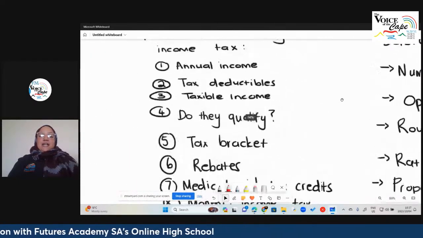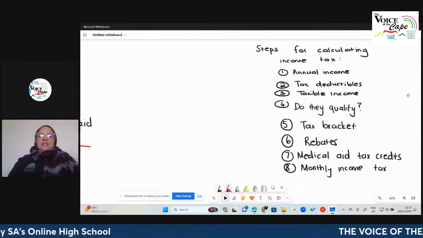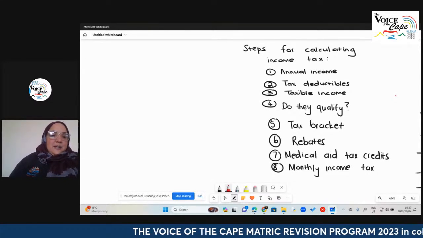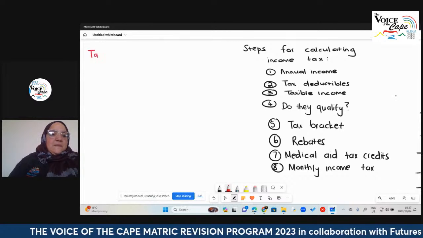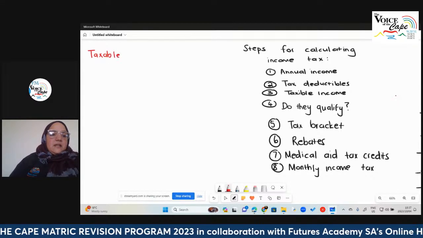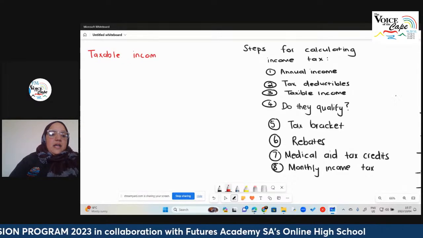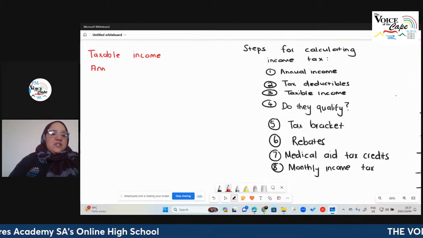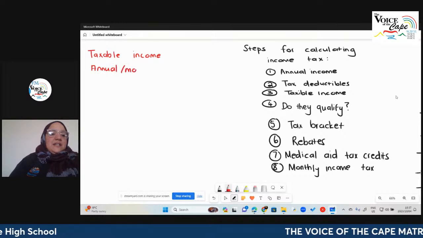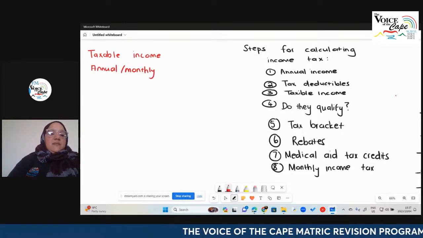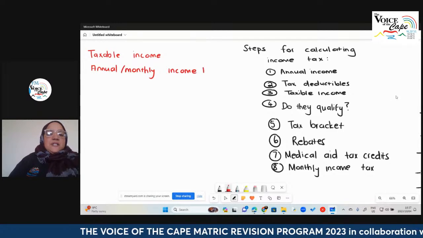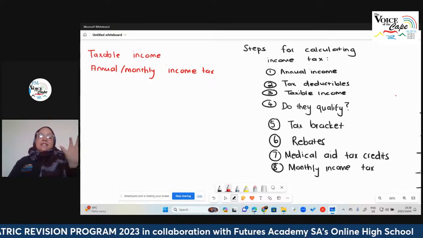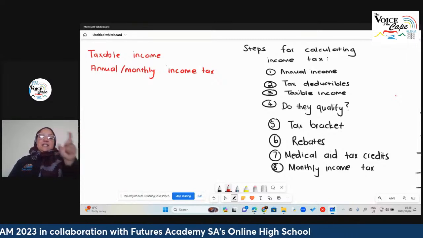One thing I want to note is the difference between taxable income and annual or monthly income tax. It depends on the question. I find that this is something that you guys mix up a lot. Your taxable income is the income that you make which is going to be taxed.